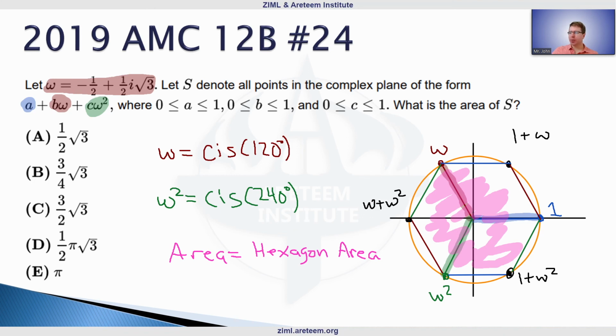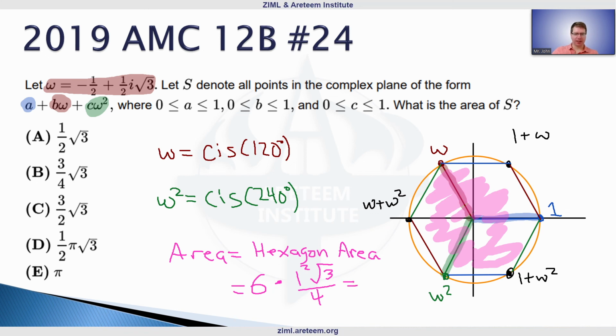And let's not spend too much time on this. This should hopefully be something people are comfortable with. There are 6 equilateral triangles that make up this hexagon. Each of those equilateral triangles has a side length of 1. So we can use our area for an equilateral triangle, 1 squared root 3 over 4.